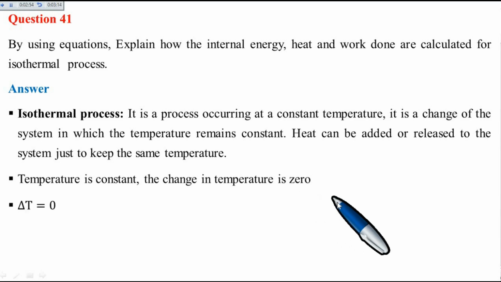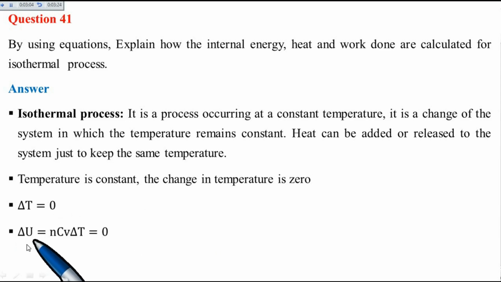The internal energy is equal to nCv dT for any process. For an isothermal process, dU is also equal to nCv dT, and because the change in temperature is zero, the internal energy change is also zero.